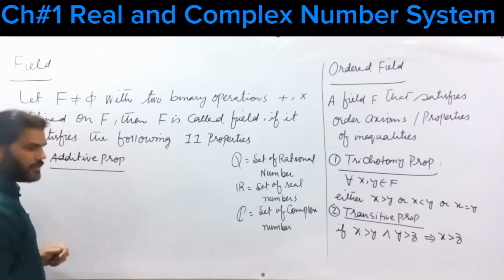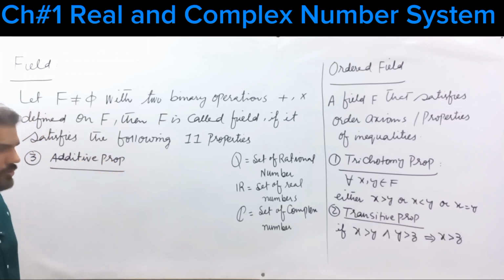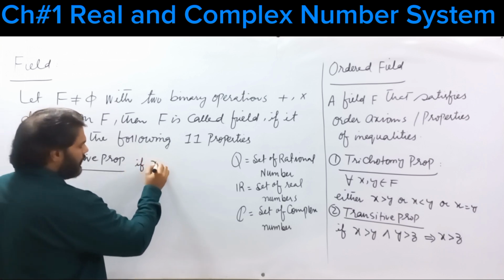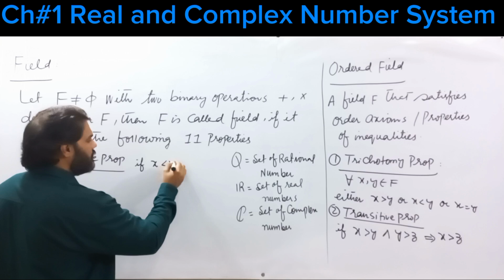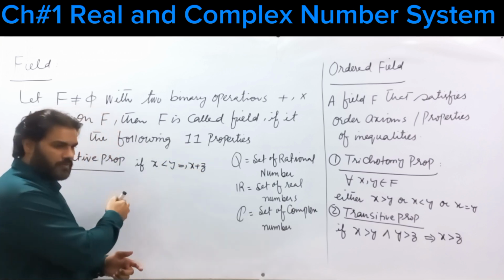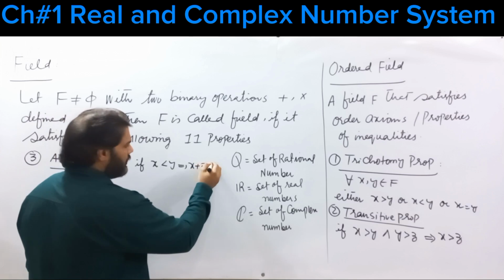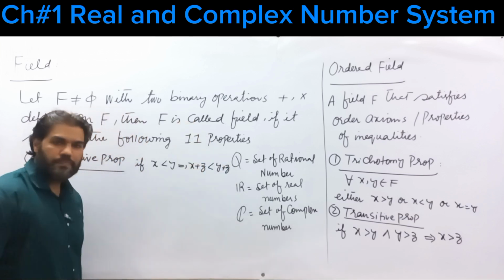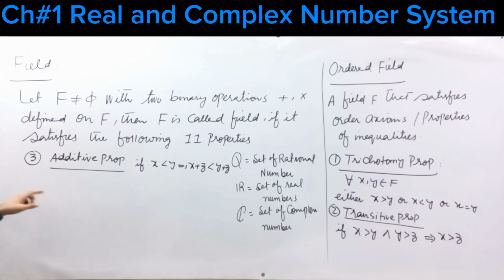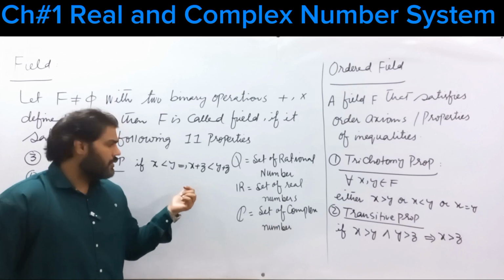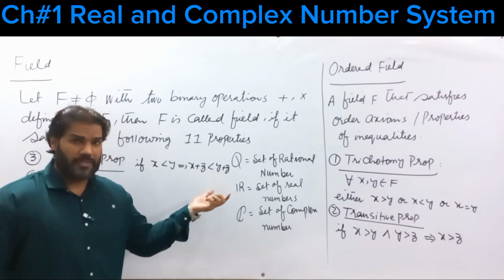The additive property says that if x, y, z are three elements of a field F, and if x is less than y, then adding z on both sides of the inequality will not change it. That is, x plus z is less than y plus z. This inequality can also be written as: if x is greater than y, which has the same meaning, then x plus z will be greater than y plus z.